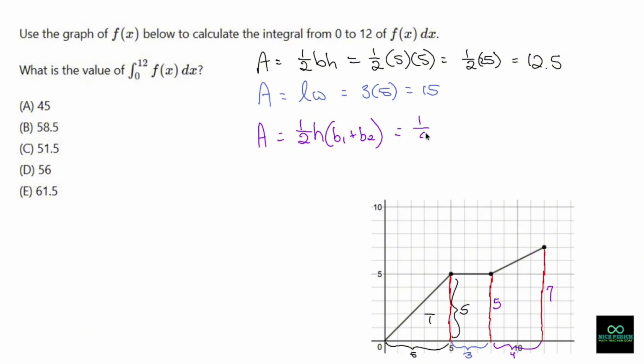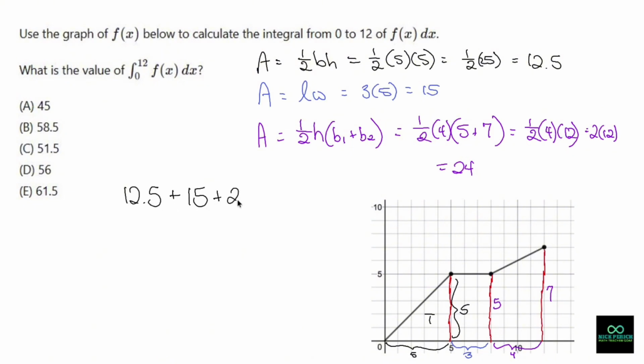Okay, so 1/2 of the height, which is 4, times base sub 1, which is 5, plus base sub 2, which is 7, which is 1/2 of 4 times 12, which is 2 times 12, which is 24. So we take those three numbers, 12.5, 15, 24, we add them all up, that'll get us 51.5, and 51.5 is C.